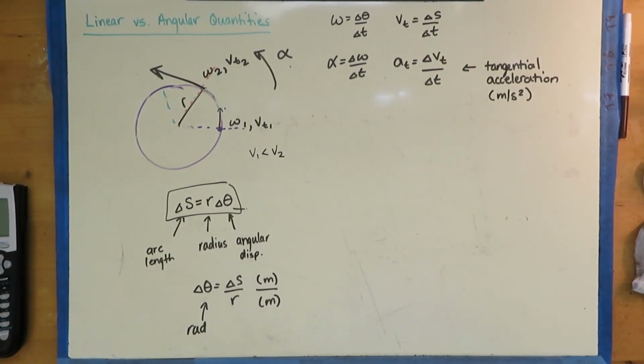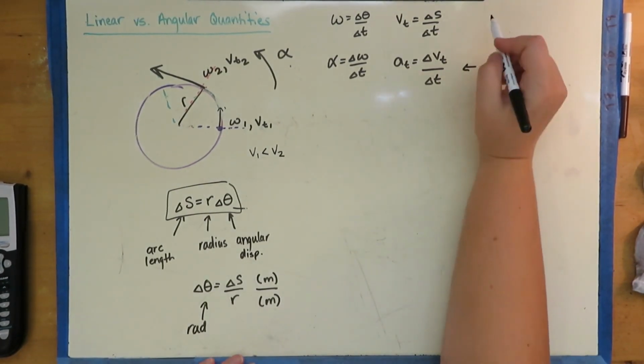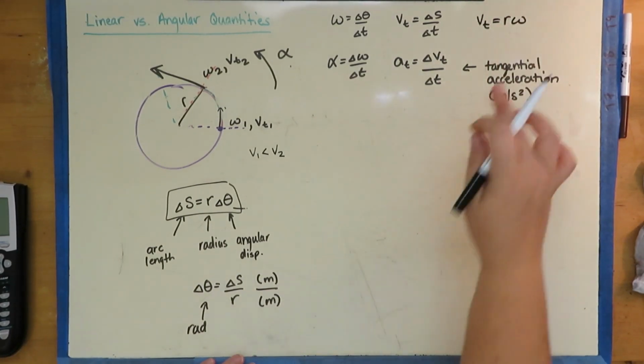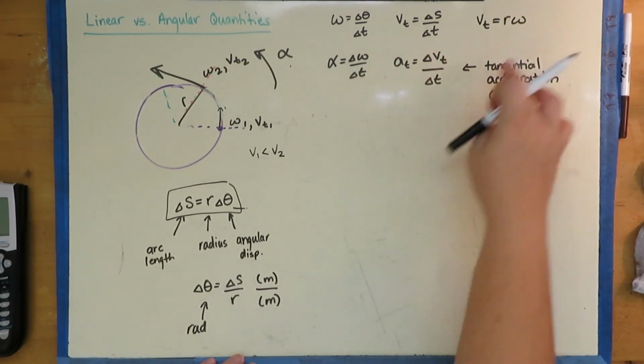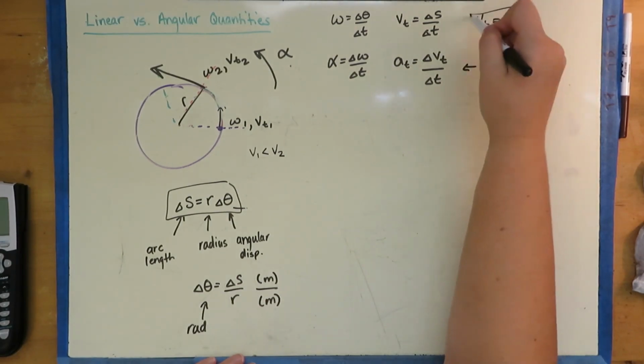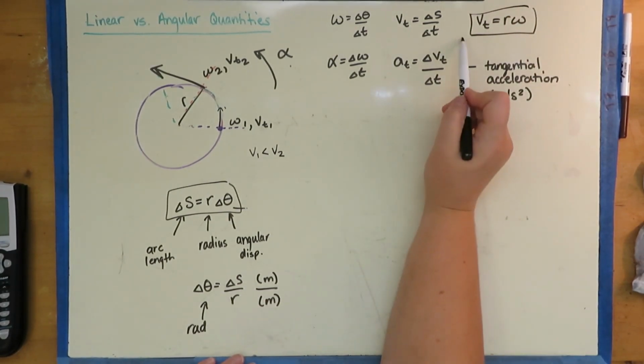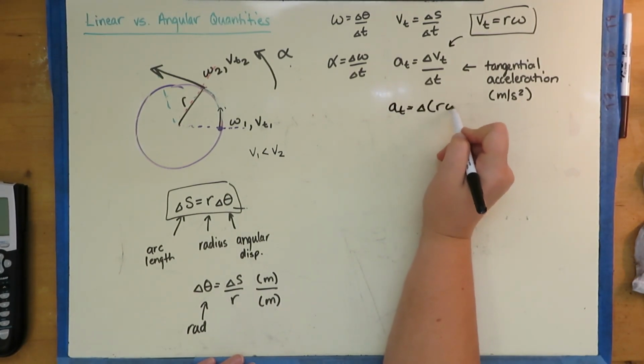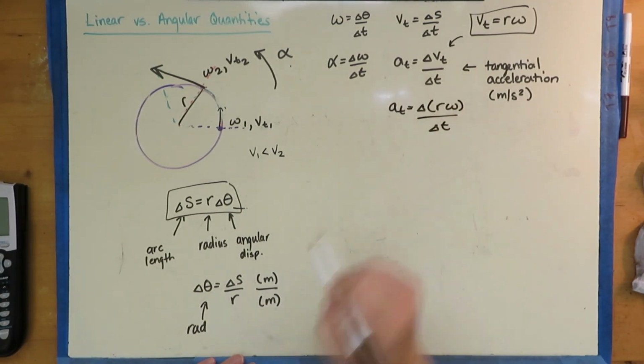If we go through the same process, I can substitute in that my VT is also equal to R times omega. If I want to relate my linear quantities to rotational quantities, I can sub in VT is R omega in here. So I would get AT is the change in R times omega over the change in time.